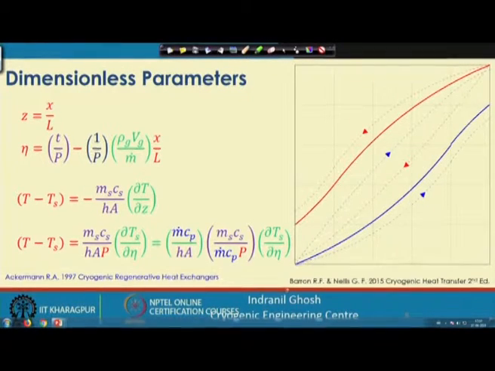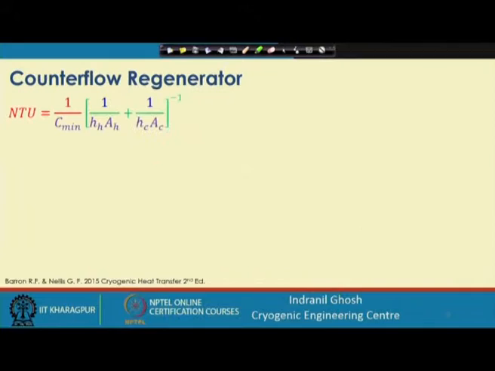For that we will look into the analysis and suggestions given by researchers, particularly for cryogenic conditions. So, let us look into the design part.